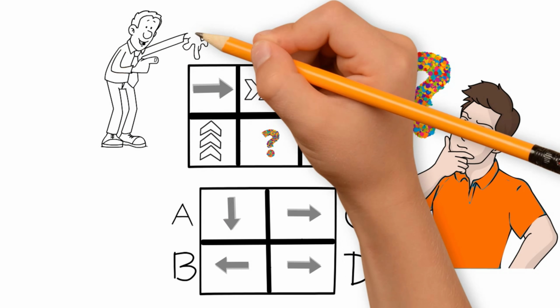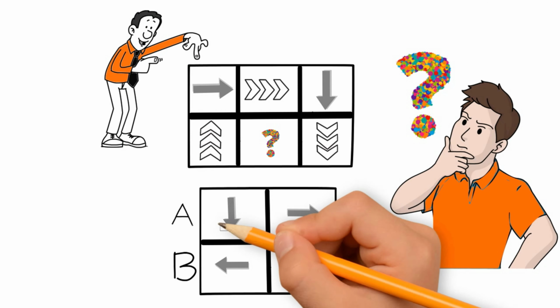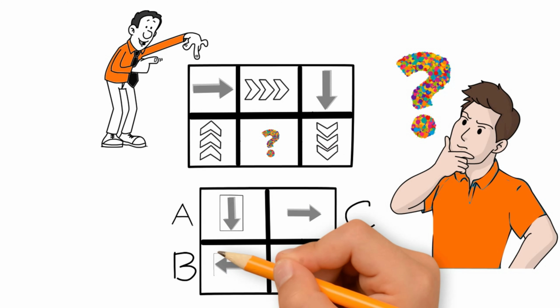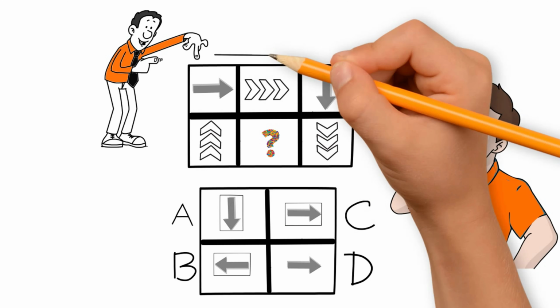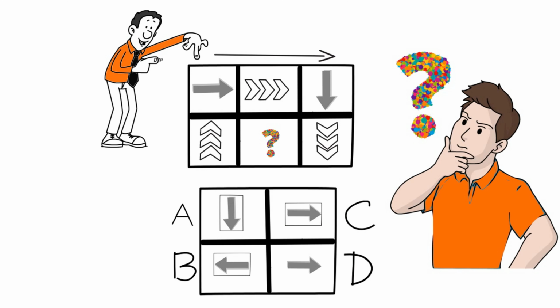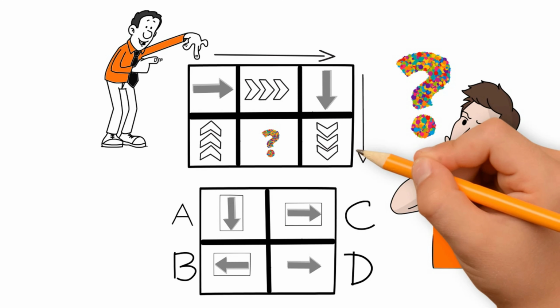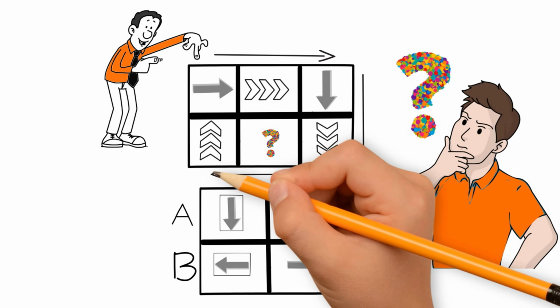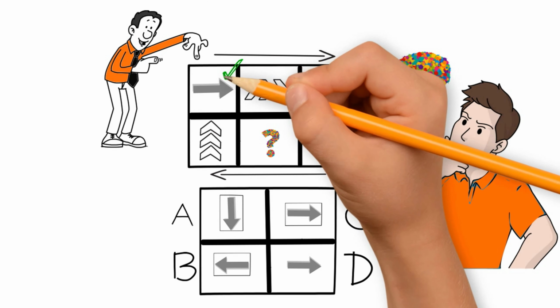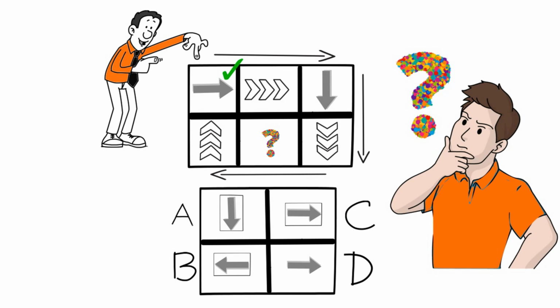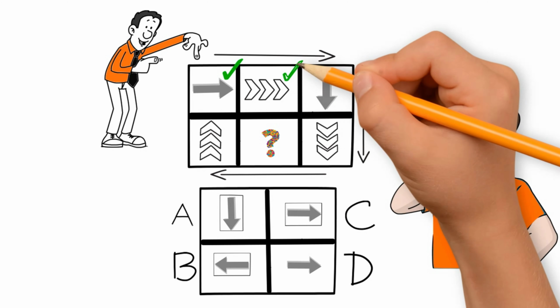To solve these types of challenges, you always need to look for patterns. And there are 3 different patterns present in this sequence. Let's look at pattern 1. If we start from the upper left corner and go clockwise, you see that the arrows change alternatively in each subsequent box. Second pattern is that inside the box, solid arrows rotate clockwise.